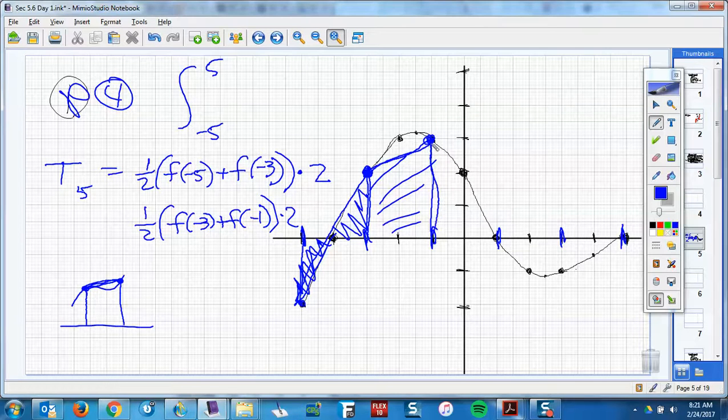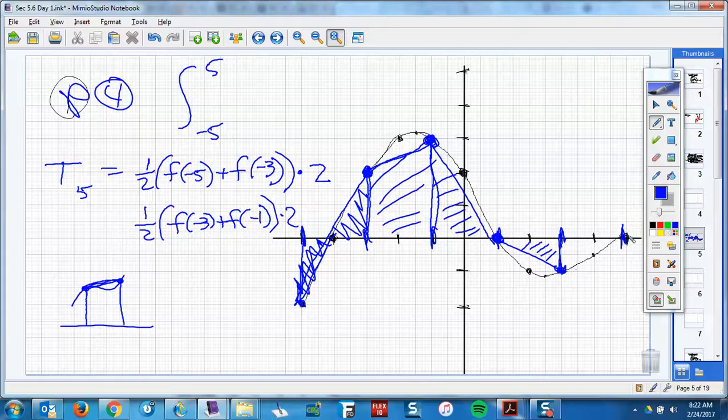Next one. Left edge to the curve. Right edge to the curve, which is actually right at the x-axis. Connect them, which this time makes a triangle. But that's okay, it's just a trapezoid where one of the bases is 0. Next subinterval, left edge to the curve, right edge to the curve, connect them. Makes another triangle.